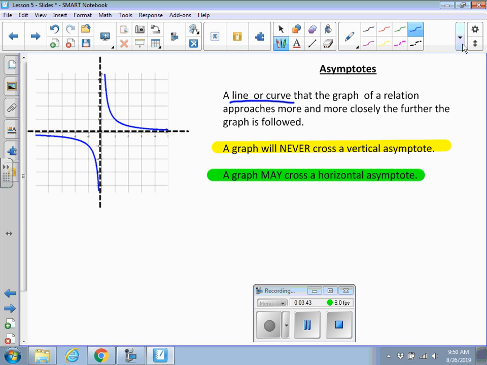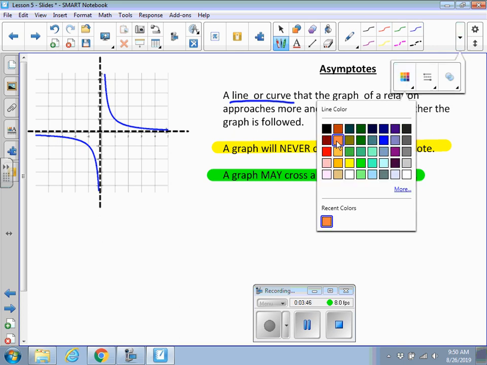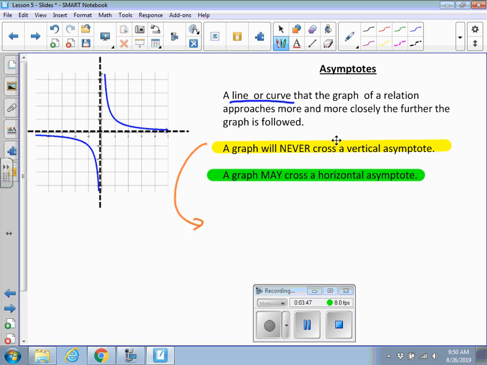Now let's talk about vertical versus horizontal and take a moment to recap from Algebra 1. When we're thinking of a vertical asymptote, we're thinking of VUX. That stands for vertical, undefined slope, and it's going to be in the form of x equals a number if you have a vertical asymptote.